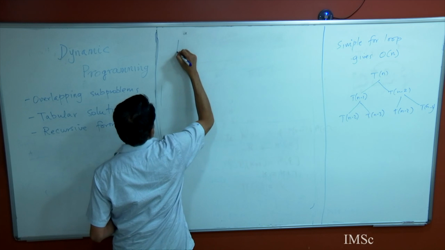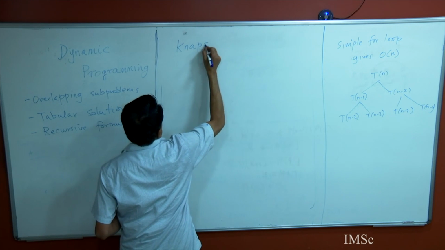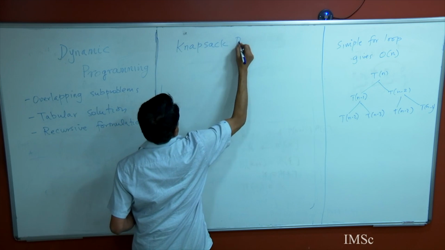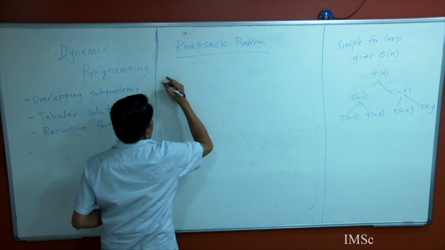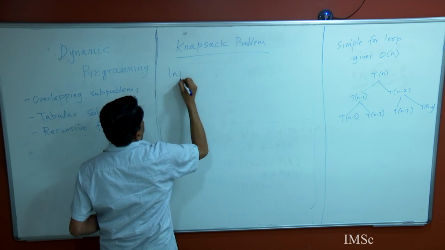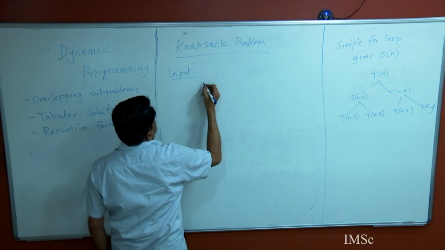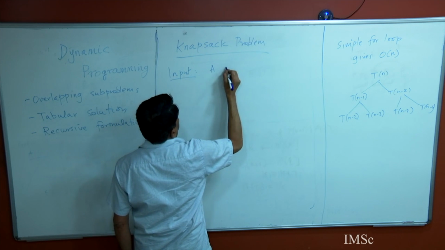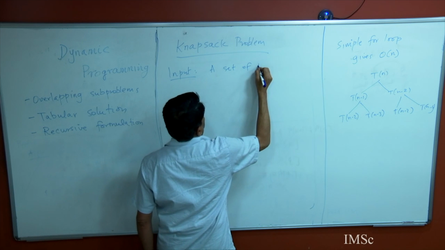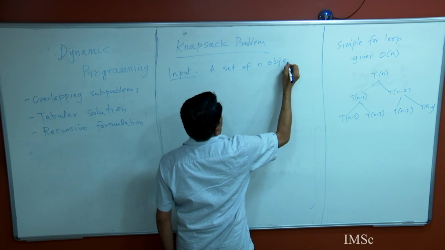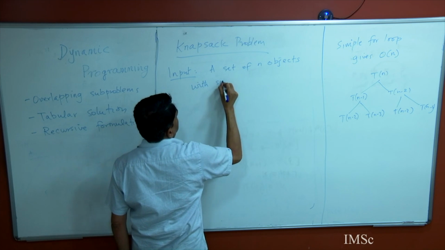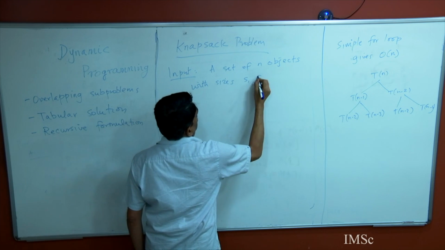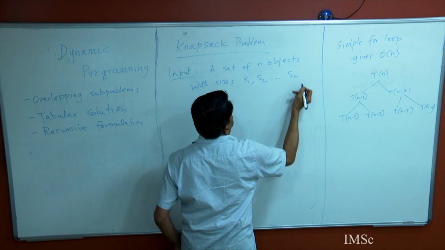So, let us get to some example and really some optimization problems. Let us look at this knapsack problem. Your input is a set of n objects with some sizes S1, S2 up to Sn. Okay.